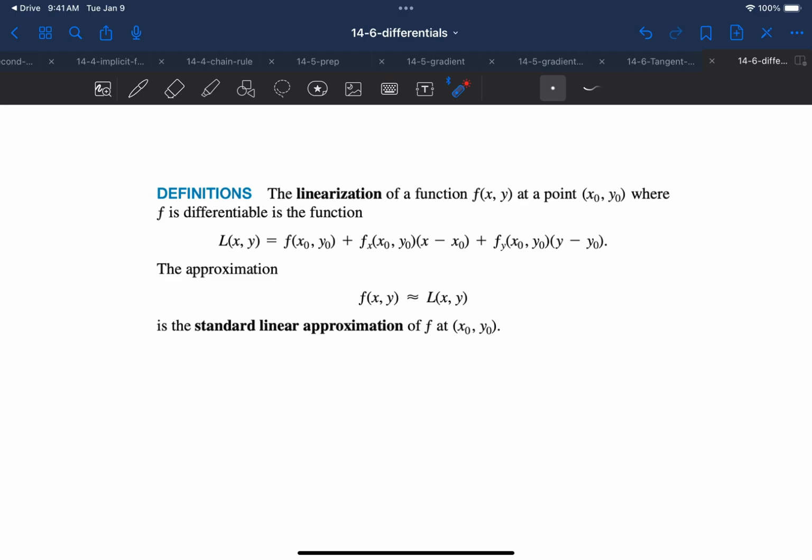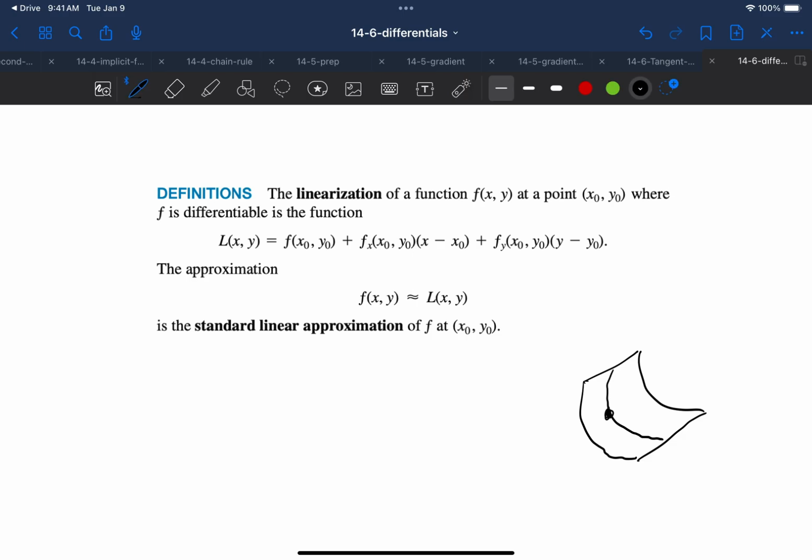So what kind of situation makes it close enough? Suppose you can think of the 3D surface as something like this, the picture is not very clear, but you can imagine, and you're standing at some point here, right? And I'm interested in the values in the neighborhood close enough to your position, but the function is hard to evaluate.